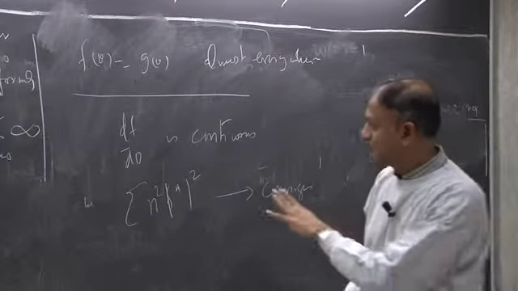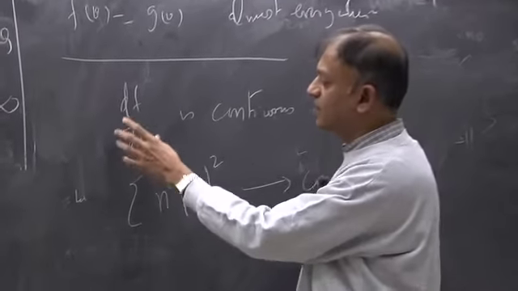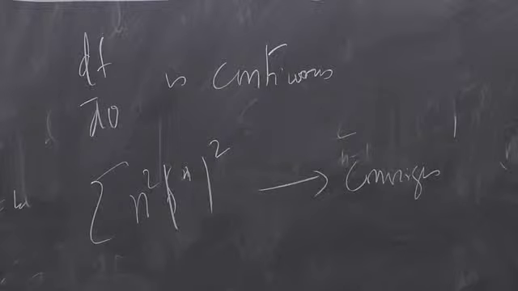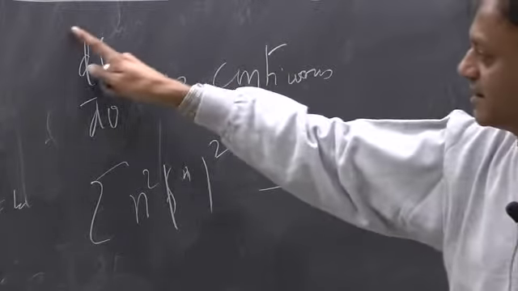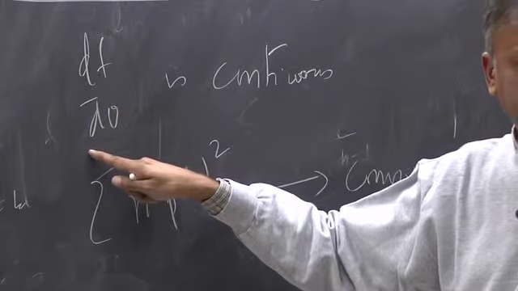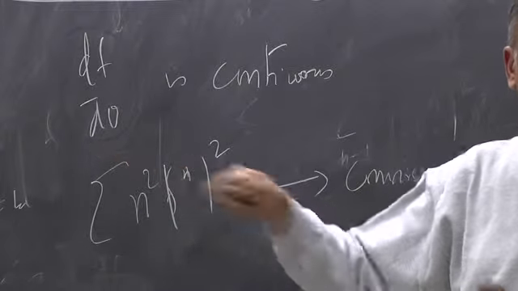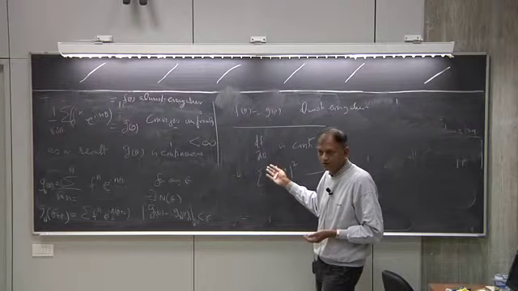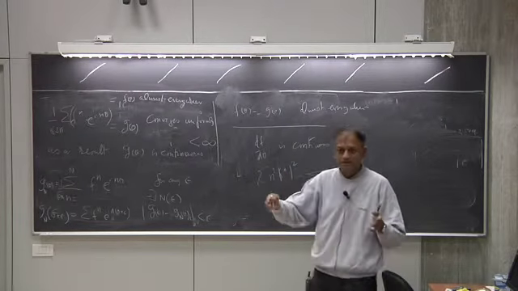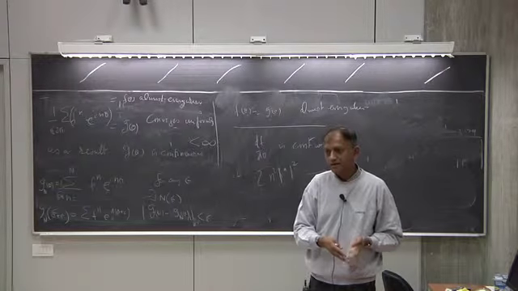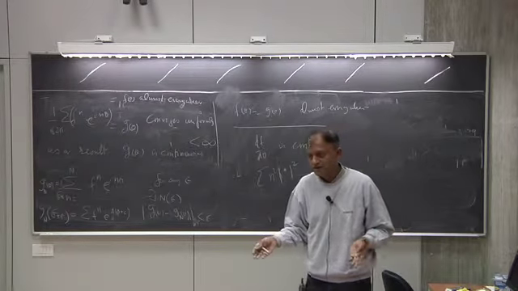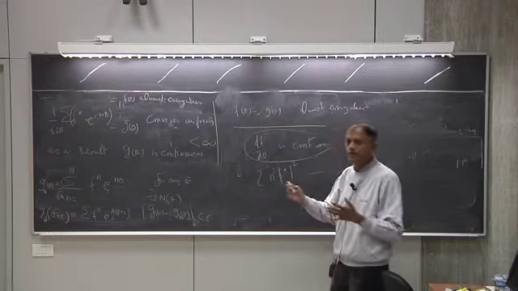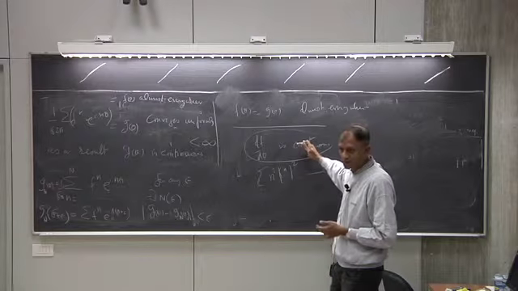But in fact, if you look at the way we have proven it, we have not really used the fact that df/d theta is continuous. All we are demanding is that this must be in the L2 space. So it should be integrable in the sense of Lebesgue, not necessarily in the sense of Riemann. When you integrate in the Riemann sense, that is when you need a continuous function. Otherwise, some of these conditions you can make weaker; you don't have to make such a strong condition.